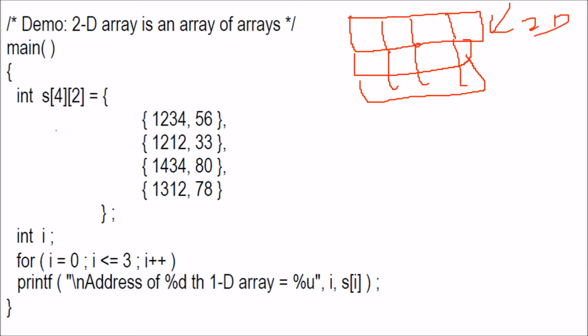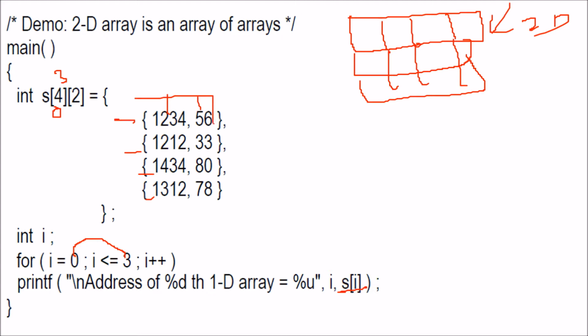How to make or initialize a 2D array? This is s[4][2]. So we have 4 rows and 2 columns, formed the way we want it to be, like a matrix, like a determinant, like a table. But essentially inside the memory, it will be stored contiguously, one by one. So we go from 0 to 3, and inside this we just say s[i].